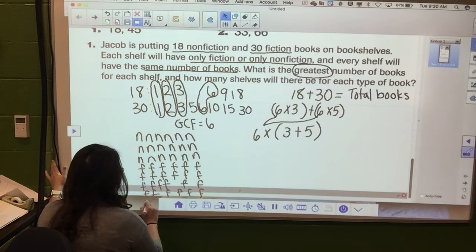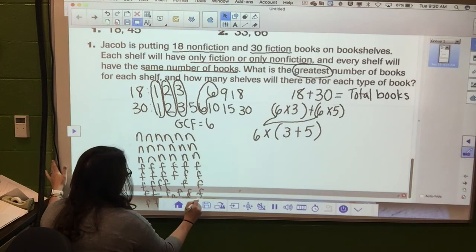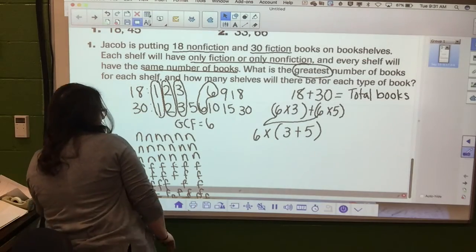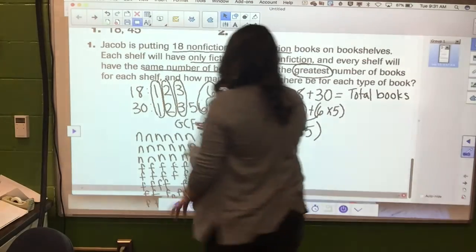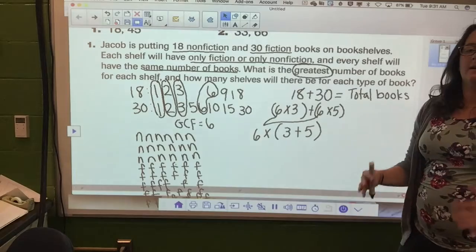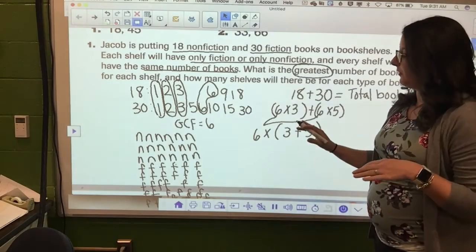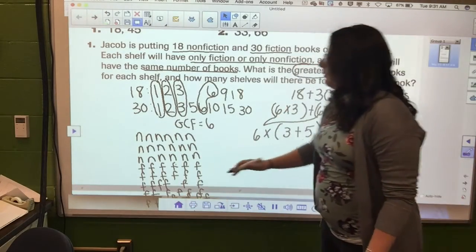And I can't fit the bottom row, but it would also be 6. So if you needed to write out a diagram for yourself, that would be what it would need to look like.